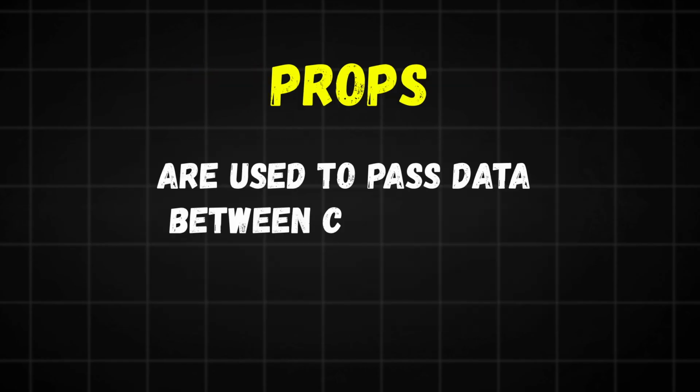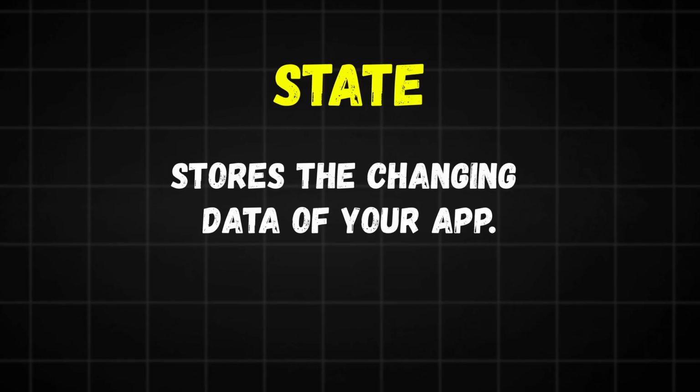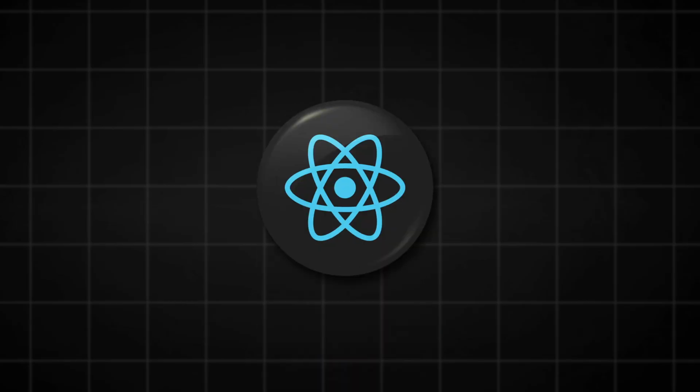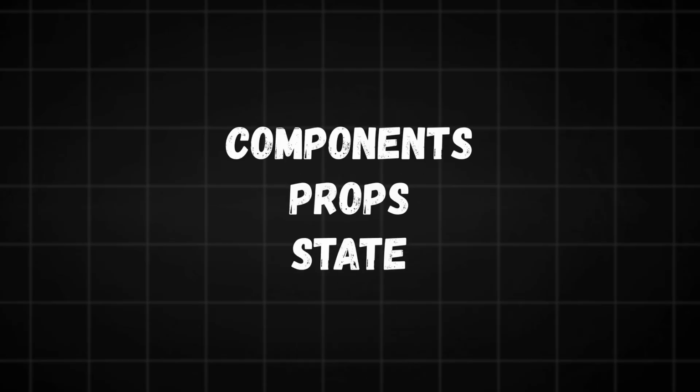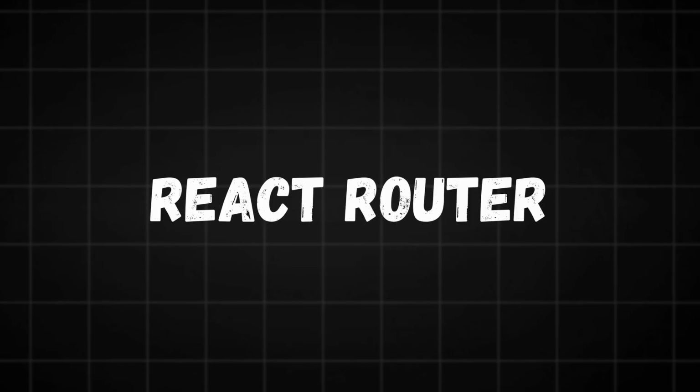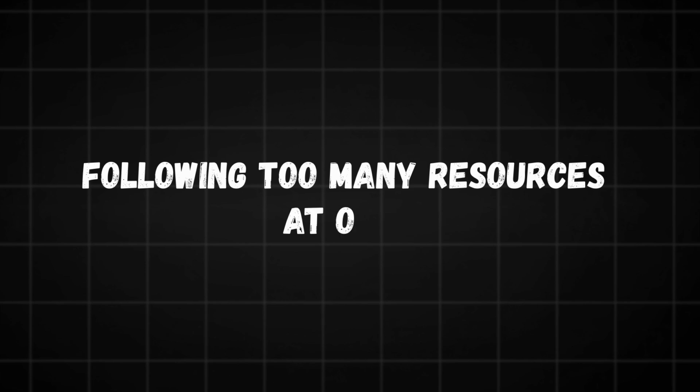Props are used to pass data between components, and state stores the changing data of your app. Once you understand how data flows between components, React starts making sense. Don't rush, build a few projects, focusing only on these 3 things before adding complex tools like Redux or React Router.